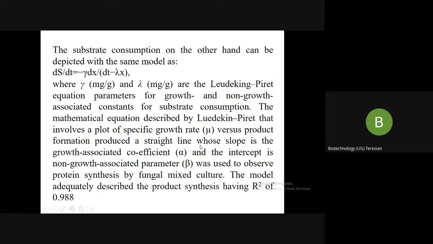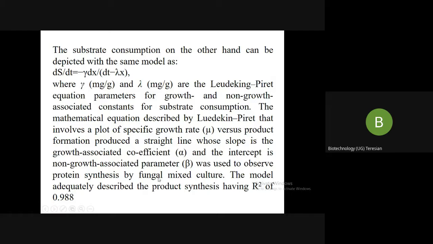I'll show you here in the next slide, then you can understand it. But meantime, you try to grasp what I'm telling. Whose slope is growth associated coefficient alpha, and the intercept, meaning where it meets the zero, is non-growth associated parameter beta, was used to observe how protein synthesis occurs when a mixed culture of fungal population was involved.